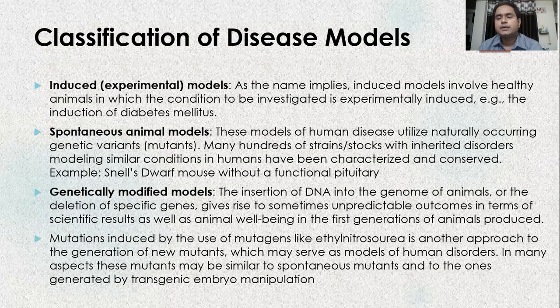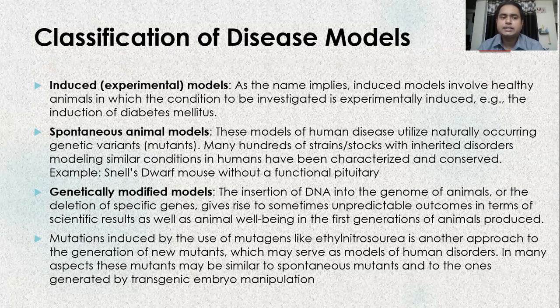Now we will look at the classification of disease animal models. First of all is the experimental or induced animal model. When we induce some disease in the animal, it is called an induced or experimental animal model. As the name implies, induced models involve healthy animals in which the condition to be investigated is experimentally introduced.